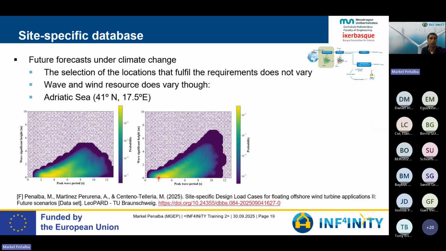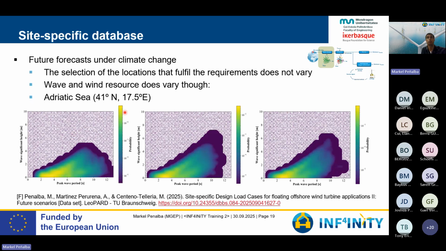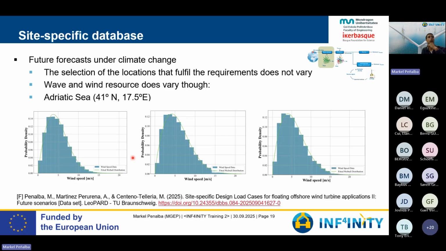You see the core of the wave conditions decreasing both in period and wave height, but the maximum extreme events increasing towards higher and longer waves. And same thing happens in the wind resource for the Adriatic Sea.